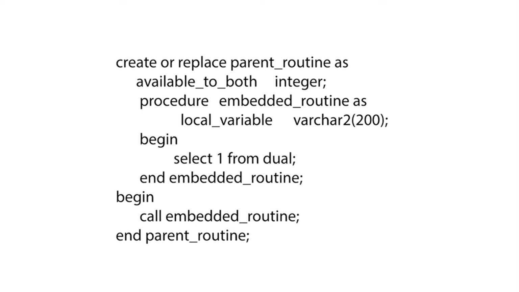Learning objective 2. We then spoke about the scope of variables. Remember, variables declared within the parent routine are available to the parent as well as all embeddeds. Variables declared within the embedded routine are limited in their scope to only that embedded routine.